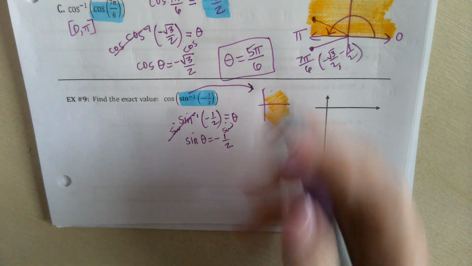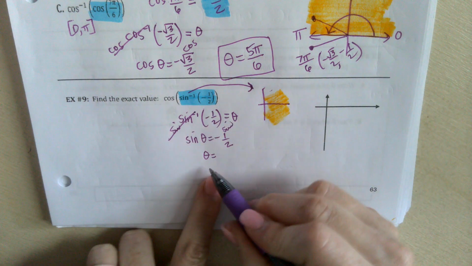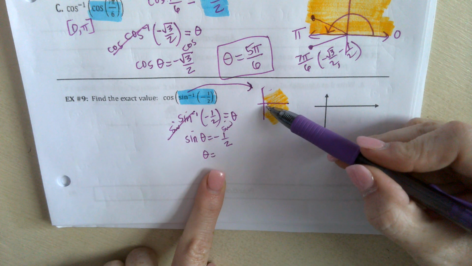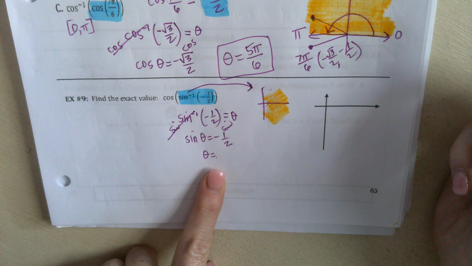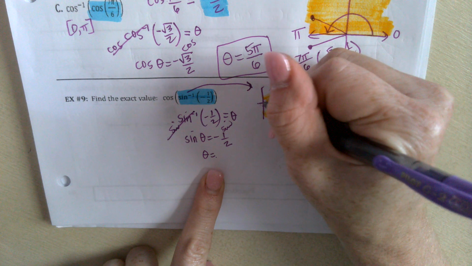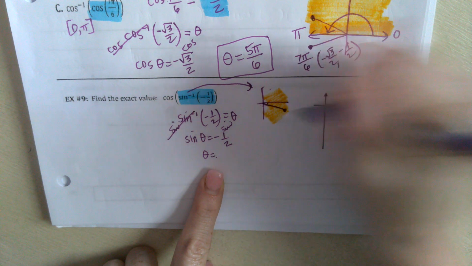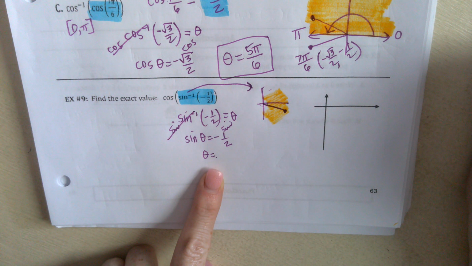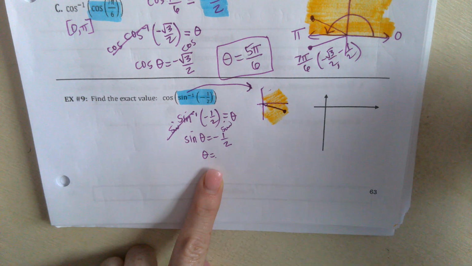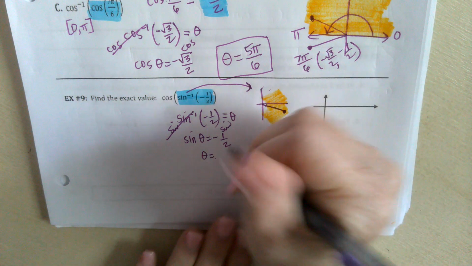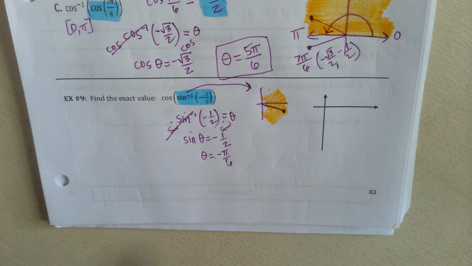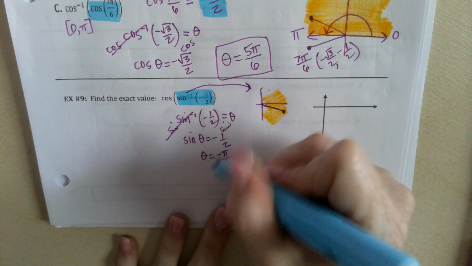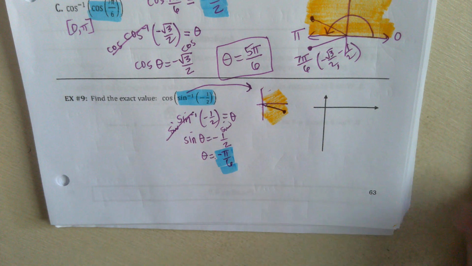So what angle do I have that I have a y-coordinate right here of negative 1/2? What's that one? It's 11 pi over 6, but what is it within this domain? It's negative pi over 6.